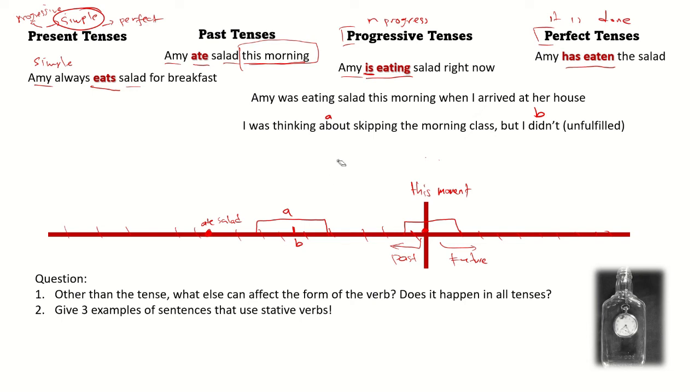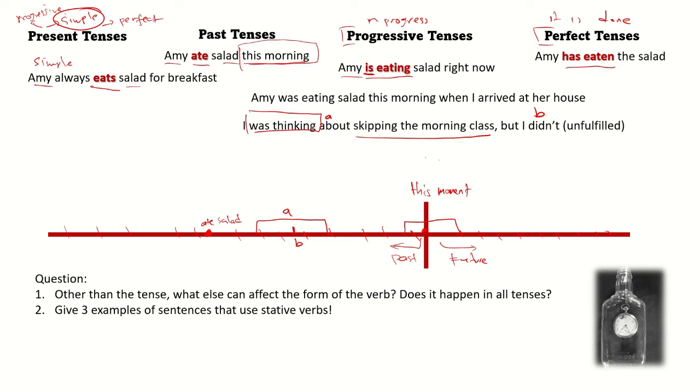I was thinking about skipping the morning class. I was thinking. Yeah, it happened in the past. Was thinking about skipping the morning class. But in the end, I came to that class, right? It means that what I was thinking at that time didn't happen.